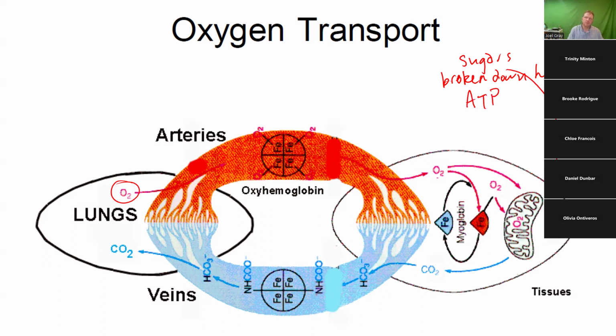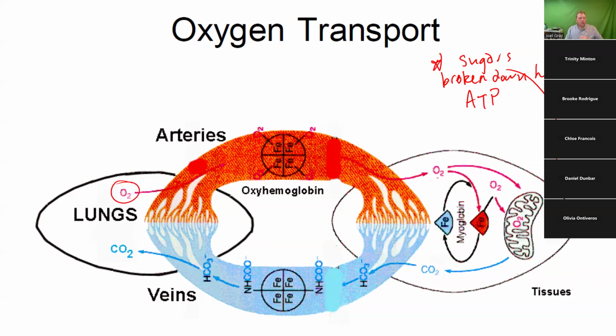Have we talked about ATP helping muscles move? Yeah, we have. ATP is essential for myosin head groups to release from an actin filament. So we want this to happen.